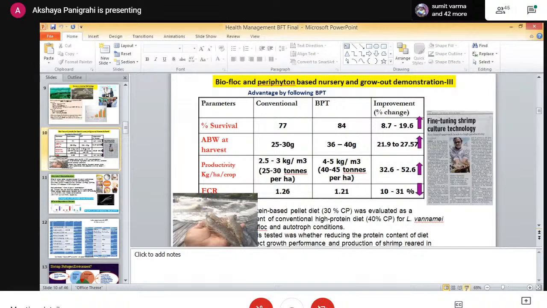Then go to the slide presentation mode. Yeah, the slide is now on the big screen here. No, it is not coming here. Actually, it is not readable. This slide is readable, but the other slides are not readable.